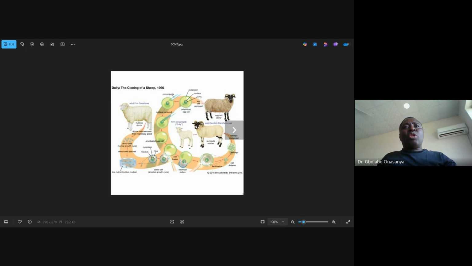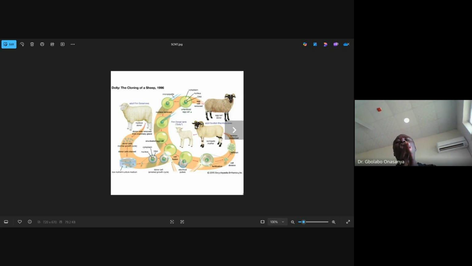The human is the one donating the mammary gland cell, and the recipient is the sheep that will carry the transgenic egg or fetus. This is a similar picture of how Dolly the sheep was produced.